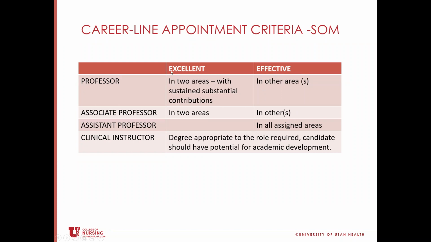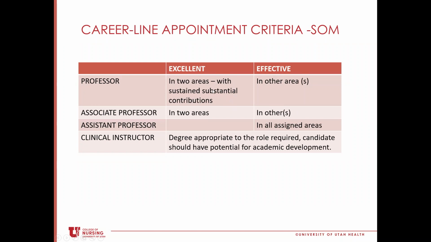You can see that to reach full professor, that doesn't really change. You need to be excellent in 2 areas and effective in the others. But the difference is that you need to have sustained and substantial contributions. I think their guidelines reference having been there for at least 5 years.